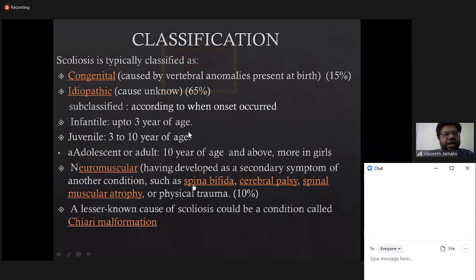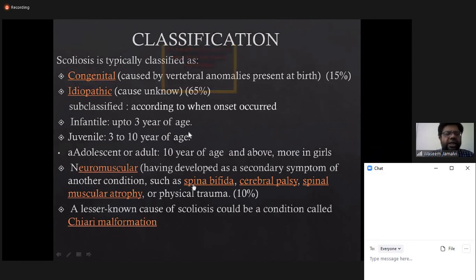And this adolescent or adult type of scoliosis is more common in females as compared to males. This may be because of neuromuscular deformity. Neuromuscular deformity develops as a secondary symptom of an underlying condition like spina bifida, cerebral palsy, spinal muscular atrophy, SMA, or sometimes physical trauma, which is around 10%.